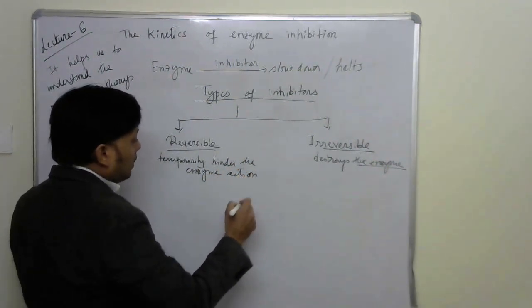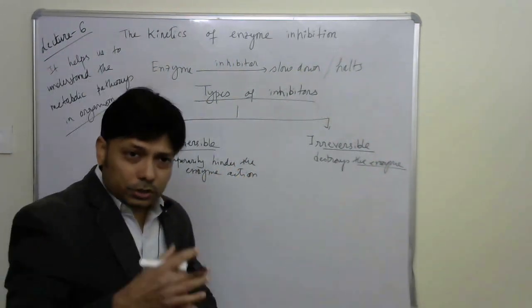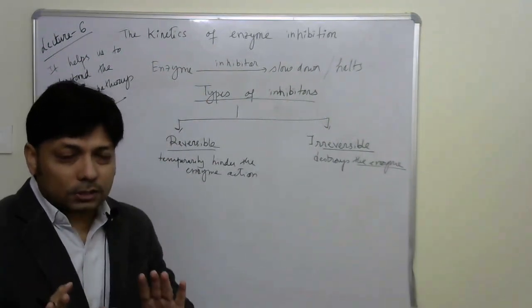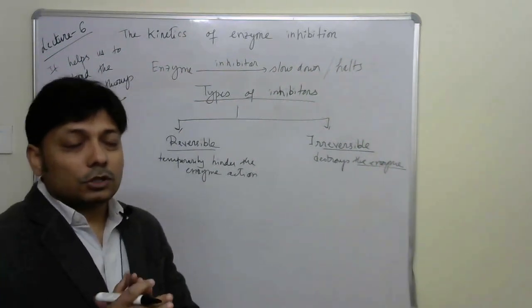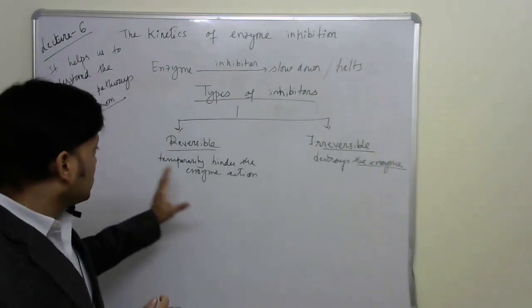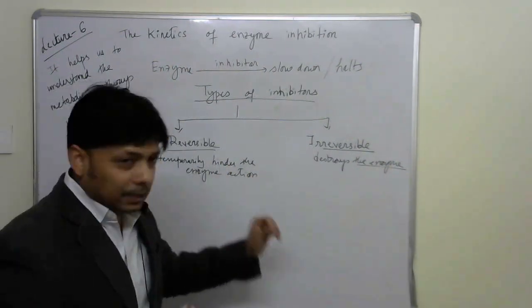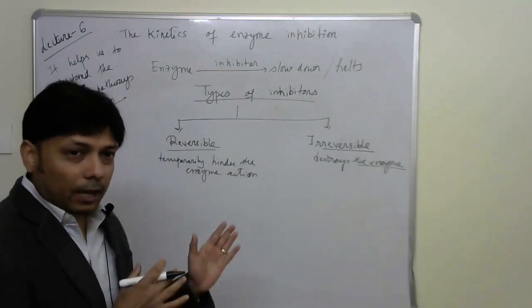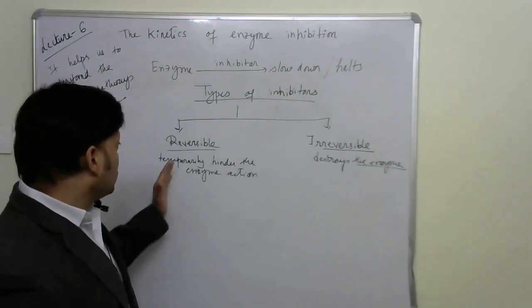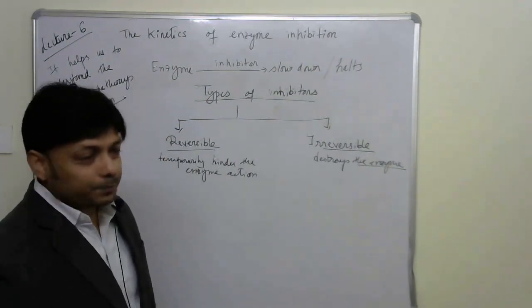That means it slows down the enzyme, or prevents the enzyme from performing at its level best. And once the inhibitor is taken away, the enzyme gets back to its actual action. That's why it is known as a reversible inhibitor.